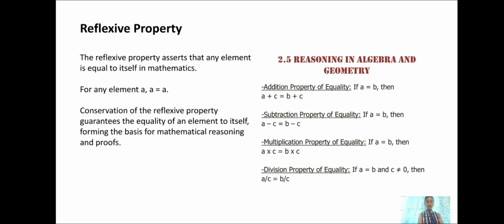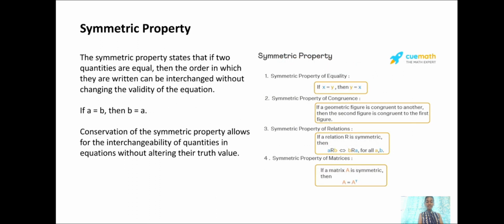The symmetric property states that if two quantities are equal, then the order in which they are written can be interchanged without changing the validity of the equation. The symmetric property allows the interchangeability of quantities in equations without altering their true values.